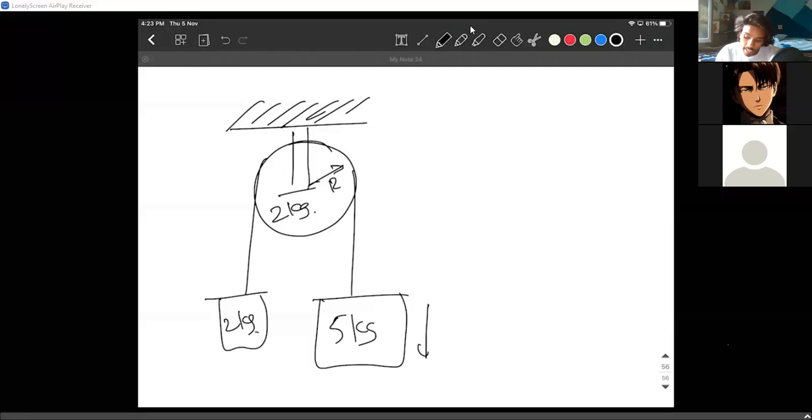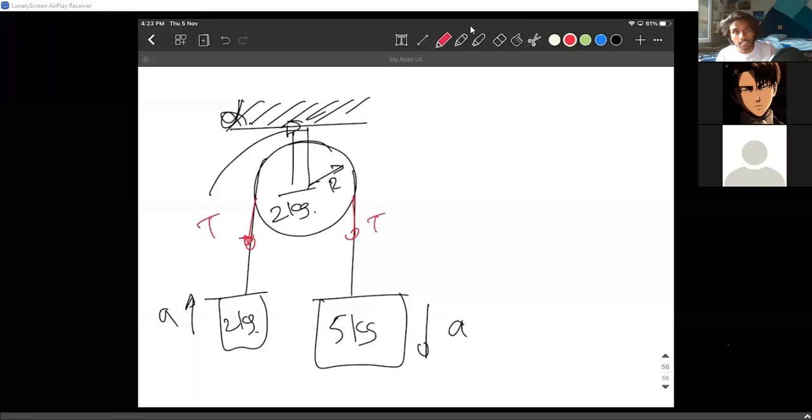So if the bodies are accelerating, the pulley is accelerating angularly. If only the tensions on both sides are equal, both the torques will be balanced and the pulley is not accelerated. Here you have to consider this as T1 and T2. The tensions are not anymore equal.